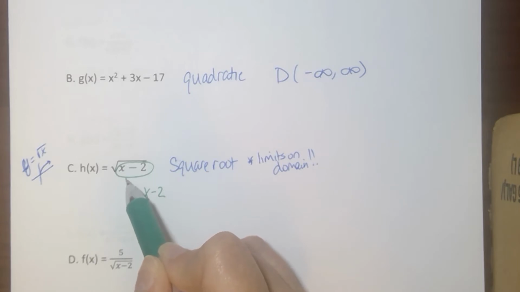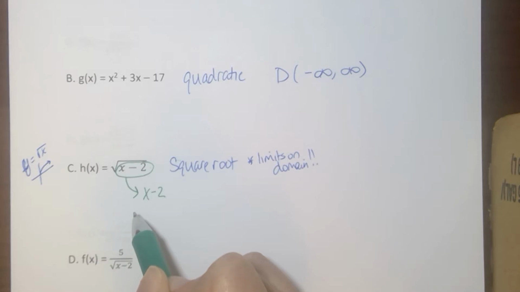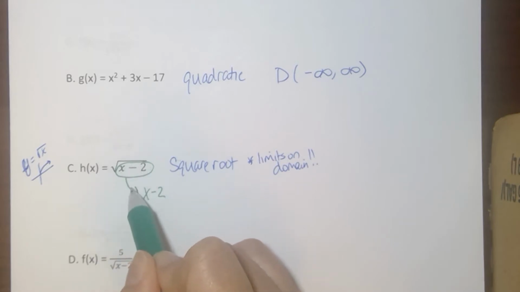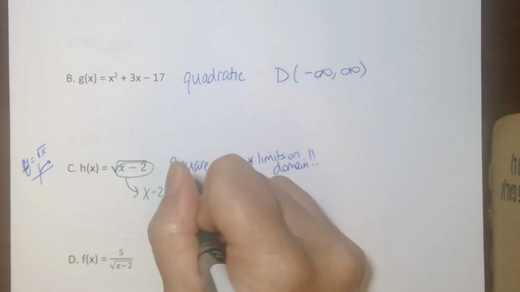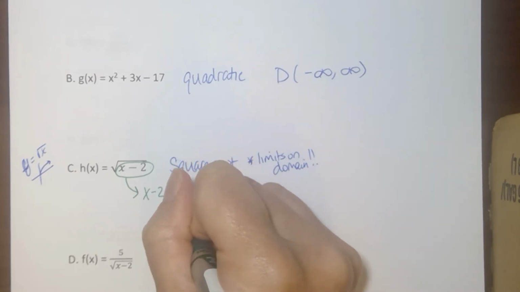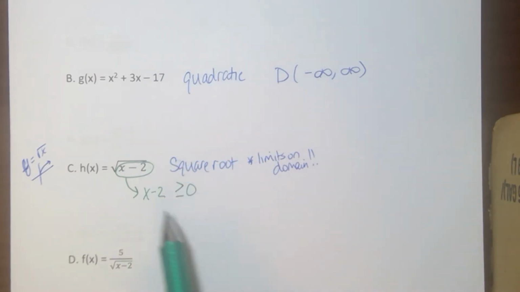I want to restrict x so that I do not end up with imaginary values. Since I don't want this expression to be negative, that means it's okay if it's positive or if it's 0. I want this expression, when simplified, to be sure to be greater than or equal to 0.